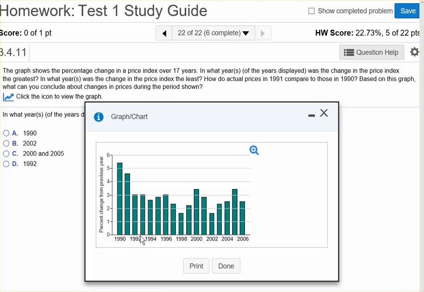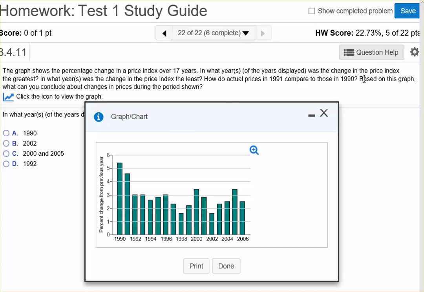Each one of these bars is a year. And on the vertical axis, we have percent change from previous year.